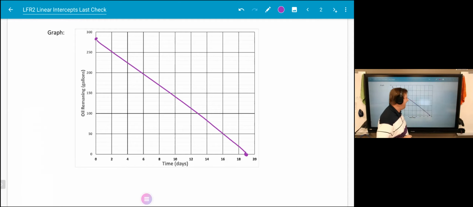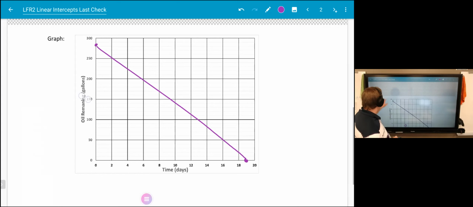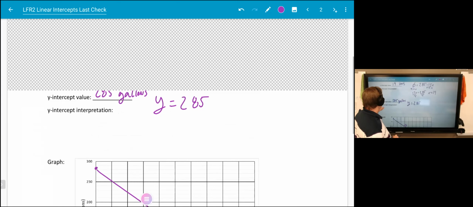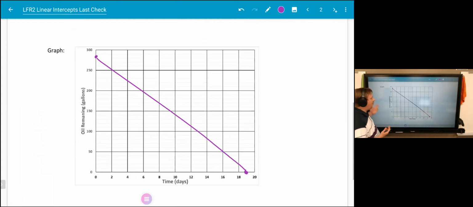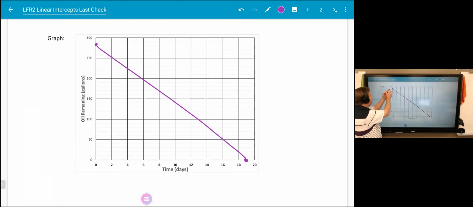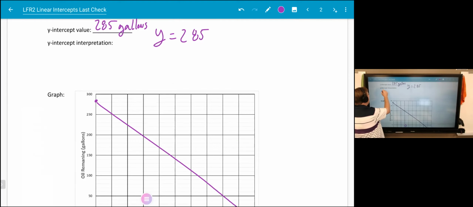So anyway, that's our graph. Let's take a look at the interpretation. Start with the y first. At 0 days, I have 285 gallons remaining. On day 0, I have 285 gallons remaining.